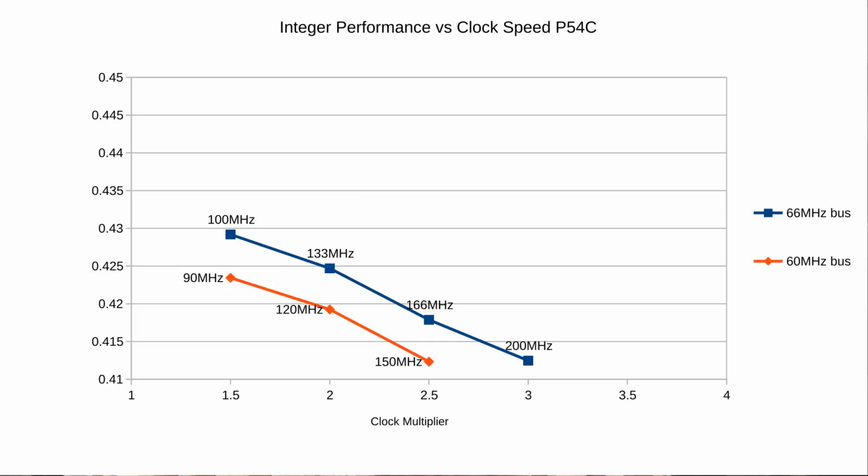Looking at data across CPUs of this family, we can see a startling trend. Now, I pulled whetstone data from CPUworld.com across all of the P54C processors, and I've charted this data as whetstones per clock versus clock multiplier. And this chart shows pretty clearly that as clock speed increases, the performance per clock decreases.